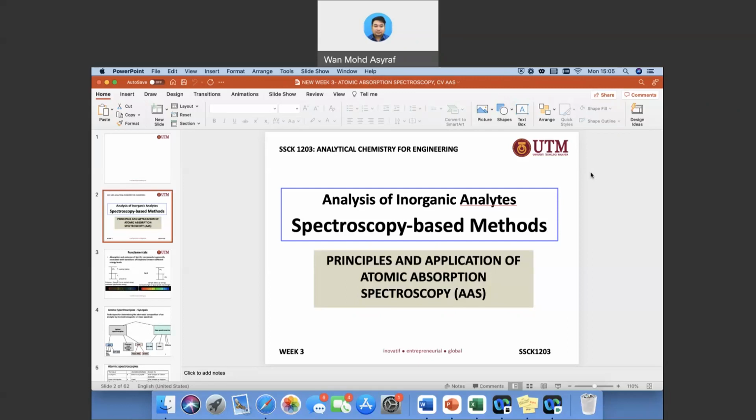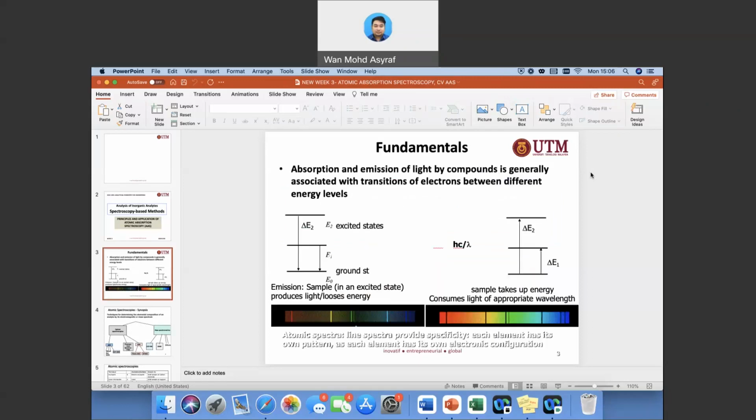Now you need to imagine that the molecule or whatever we have from your analytes needs to be atomized first before you do your analysis. Absorption and emission of light by compounds is generally associated with transition of electrons between different energy levels. This principle I have explained in the previous lecture, so this is just a repetition.